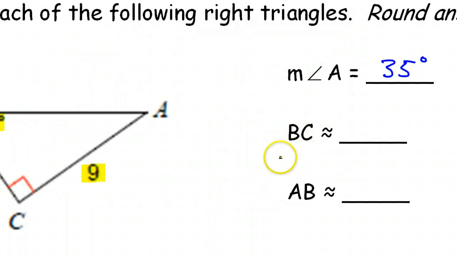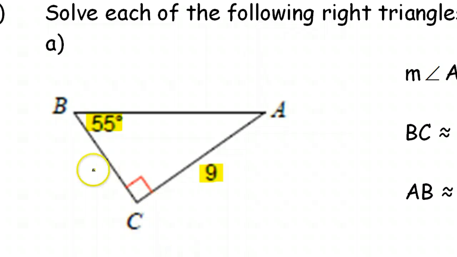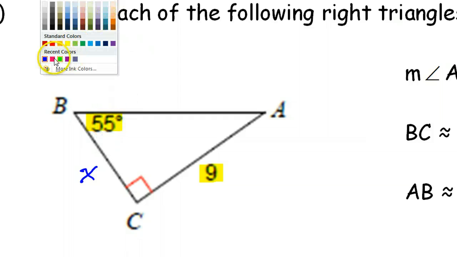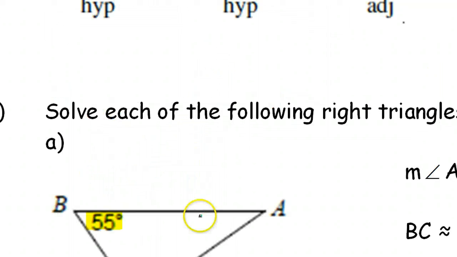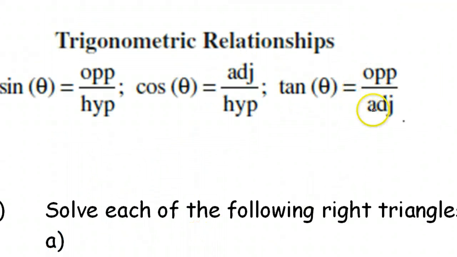What's next? Side BC. BC is right here. Looking at this 55-degree angle, this is the adjacent leg, and this leg over here is opposite. So I've got opposite and adjacent. That is the tangent function.